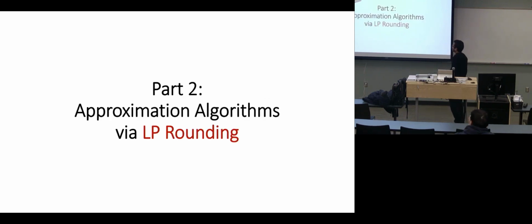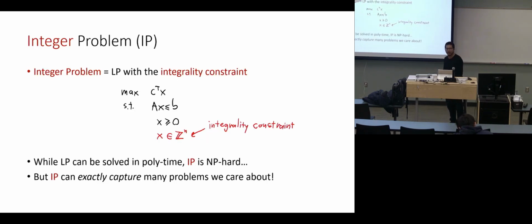Now let's look at another approach that we're going to focus on today: how to get approximation algorithms based on a template called LP rounding. To talk about LP rounding, I need to tell you first about IP, or integer program.